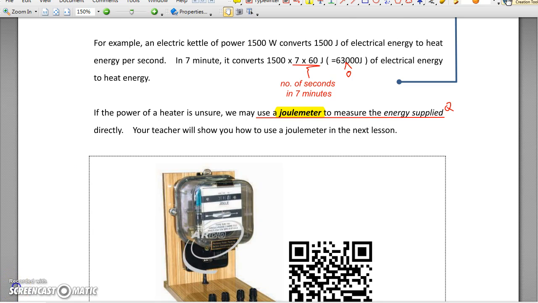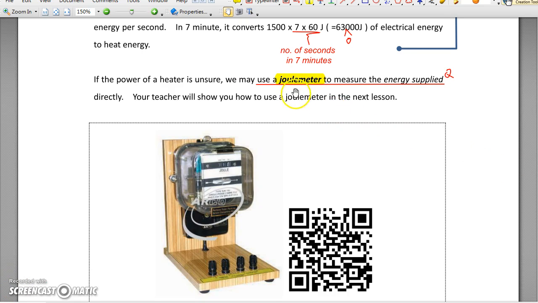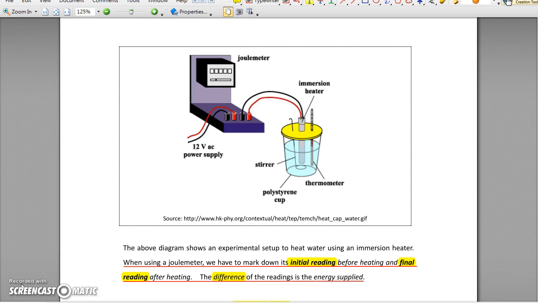On the other hand, you may also measure directly how much energy is transferred by using a joule meter. And next time in the physics lab, your physics teacher will show you this setup. There's a joule meter, and we connect this to an immersion heater. The amount of energy used by the heater can be found easily from the joule meter.